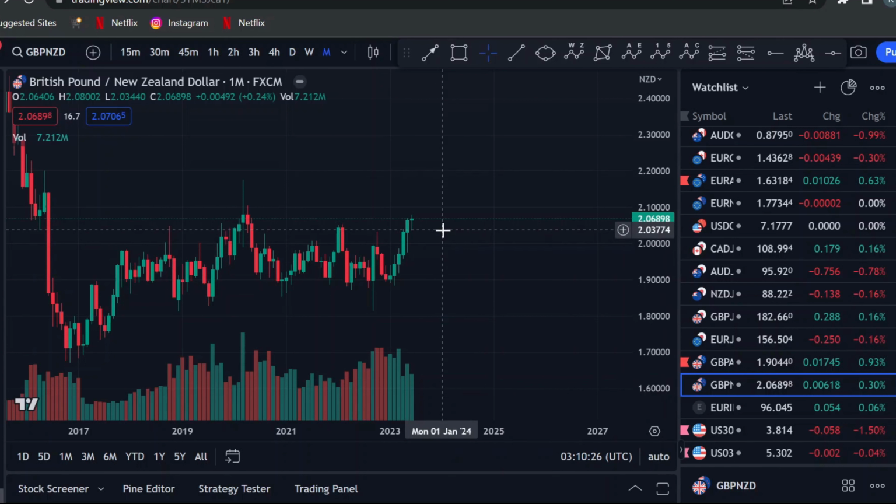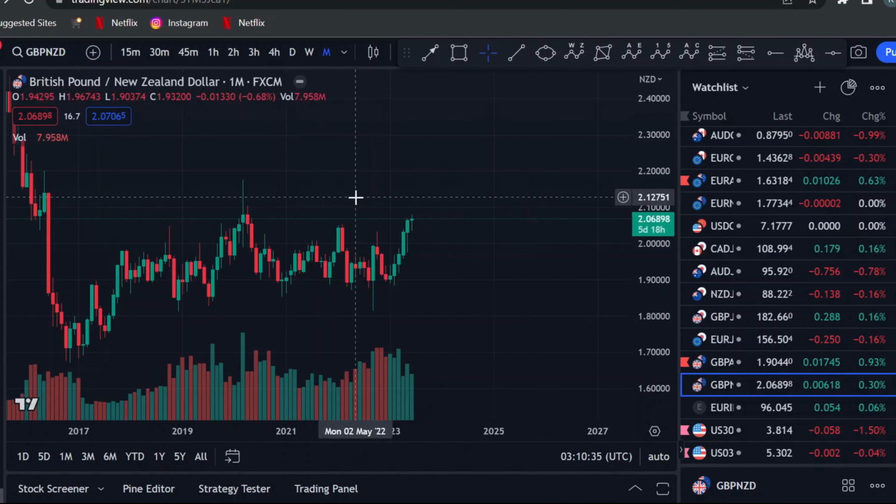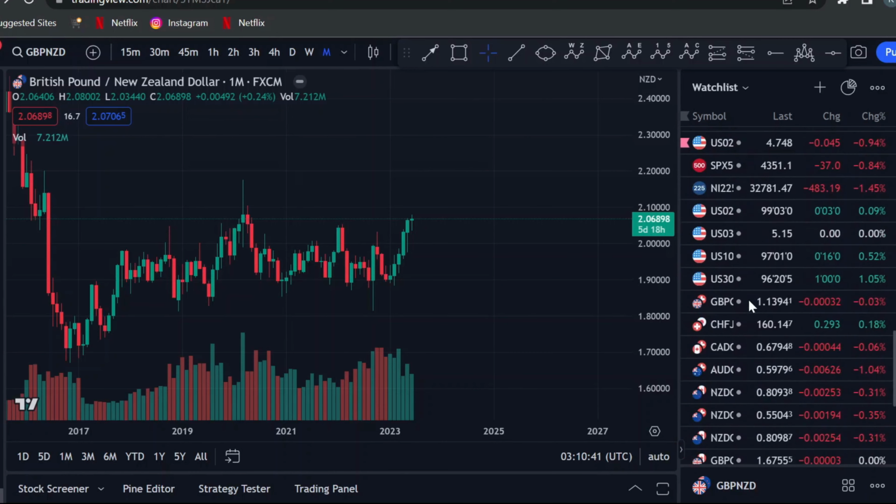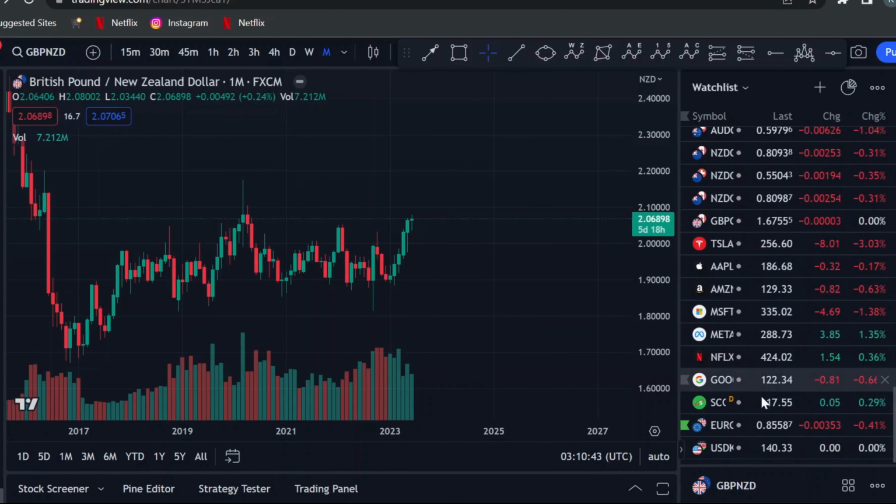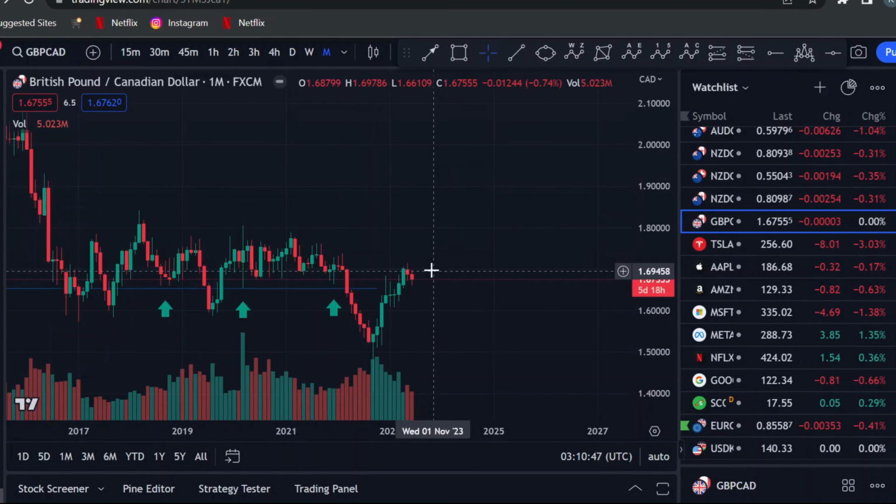So this is a bullish trend. GBP card, can see the trend is bullish, and by the close of the monthly candle, maybe we will have made some new highs.